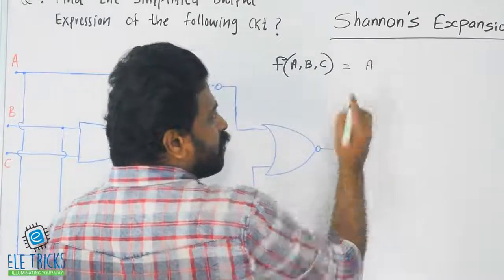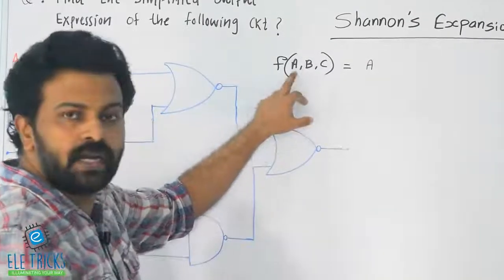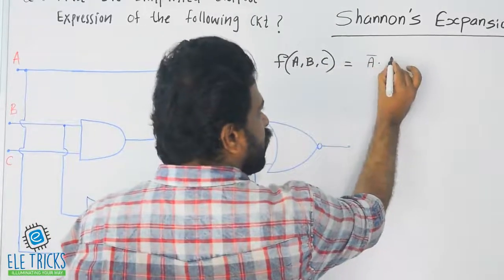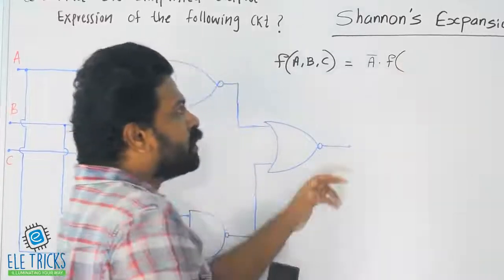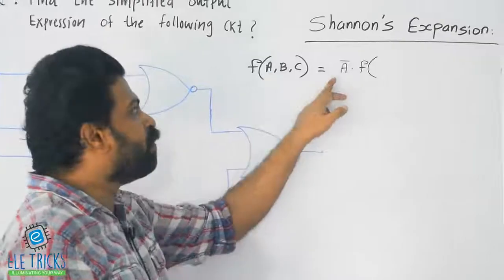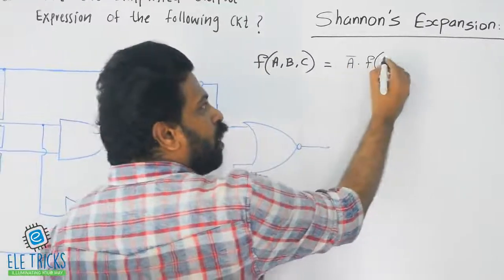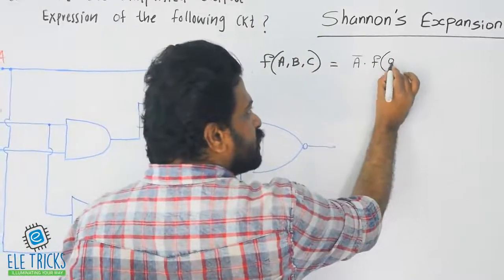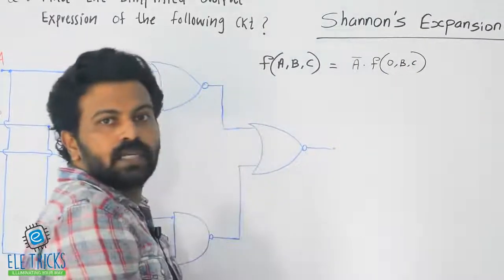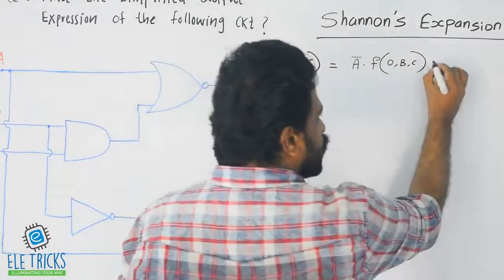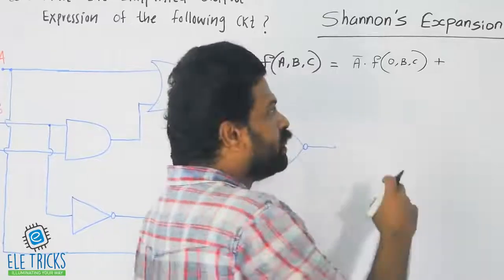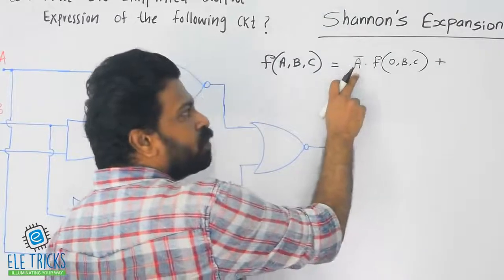That is something like this. Suppose I am taking the variable a outside. First take the variable a in the complemented form, then AND it with, multiply it with the same function, but with your variable a replaced by 0, since you are taking the complemented form, and keep your b and c as it is. But that is not enough. Along with that, OR another term to this one, which corresponds to the normal form of the variable a.